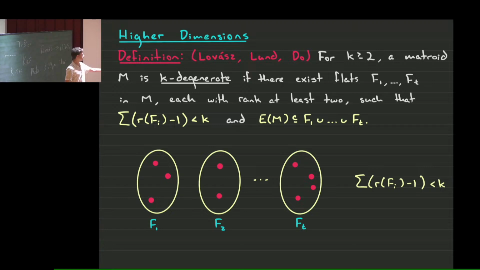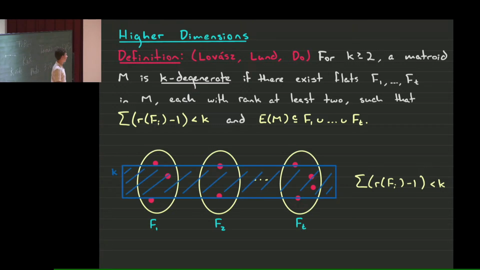Let's say we're K-degenerate, so we have this collection of flats covering our matroid whose dimensions sum to less than K. Now if I take a hyperplane, by the pigeonhole principle, the hyperplane's forced to span one of these covering flats. But because any of these flats could be arbitrarily large, we have the same sort of problem that we've just talked about.